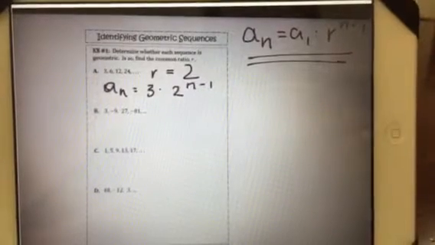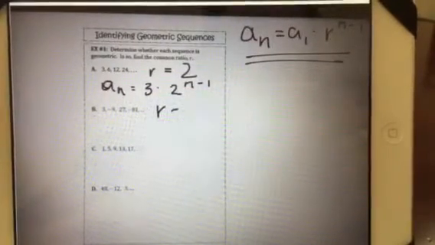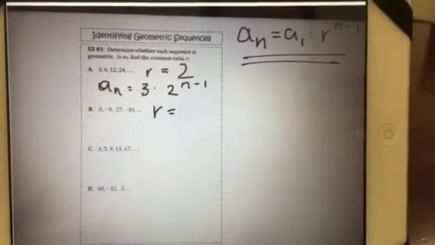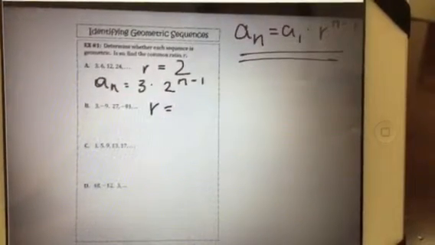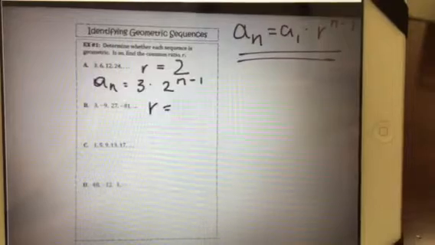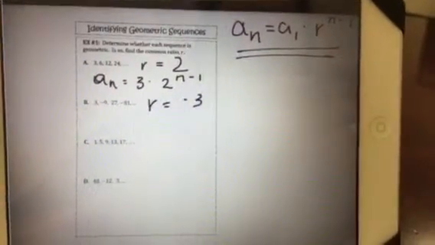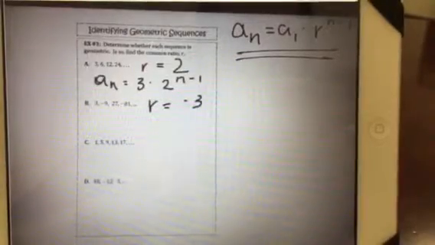Let's try another example. So R will equal, to get from 3 to negative 9, we multiply by a negative 3. Negative 9 to positive 27 is a negative 3, and so on and so forth. So the common ratio here is negative 3.